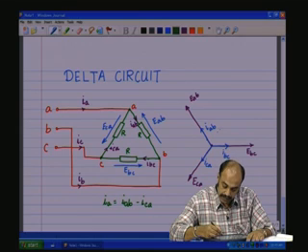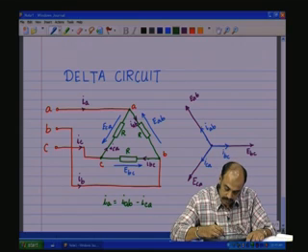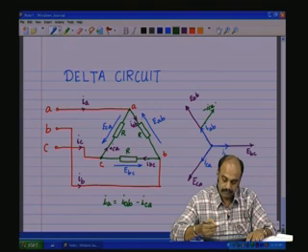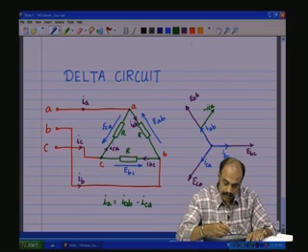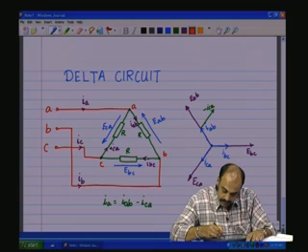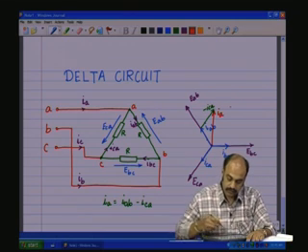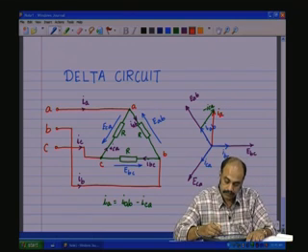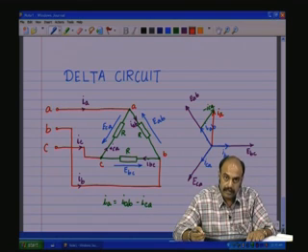ICA minus should be like this, isn't it? So, it goes like that. This is minus ICA, and the resultant is like that. This is IA. So, you see IA is IAB vectorial sum minus ICA.